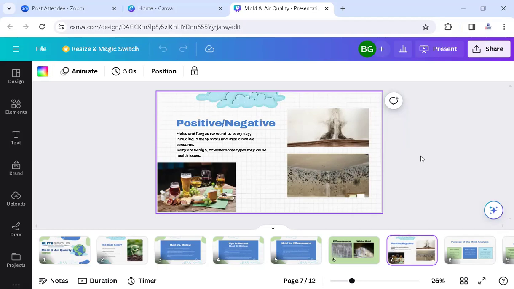But you're probably not going to swab the baseboard of a bathroom that has a black or green substance on it, and probably not going to eat that. That's my guess. So obviously there's a time and a place for all of these things, but if they are negative and they can promote allergies or exacerbate people with allergies, we want to find out what it is so we can attend to it properly.